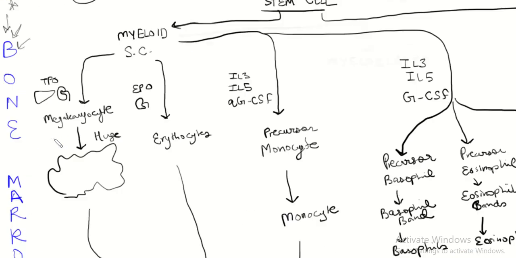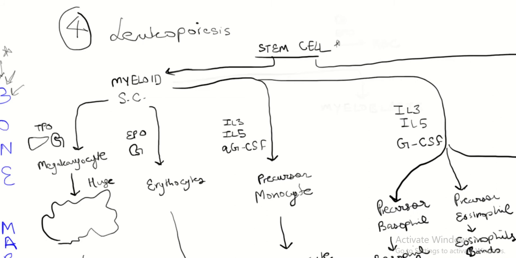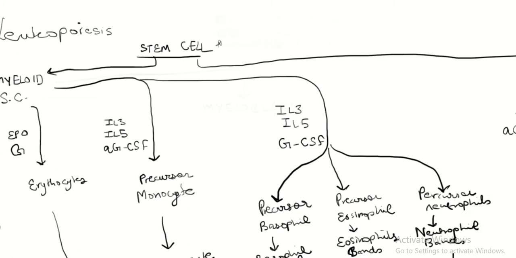Now, within the bone marrow, we start with a pluripotent stem cell. This stem cell is the original superhero, and it can differentiate into different types of cells and give us what we need. The way it does that is it differentiates into two cell lines.